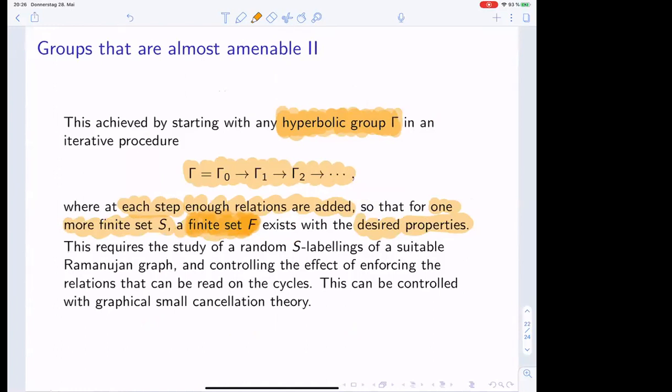We look at suitable Ramanujan graphs, and we pick random labelings with our finite generating set.